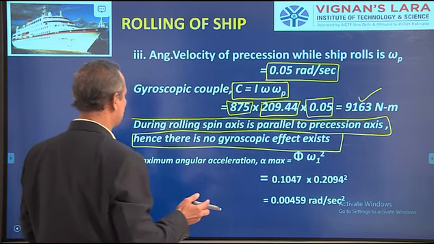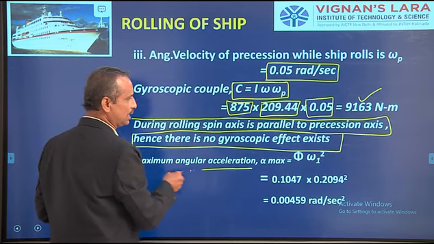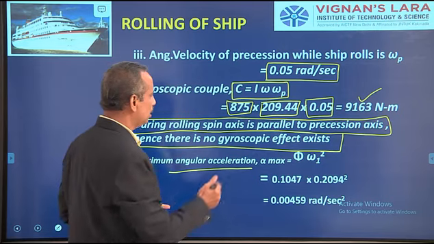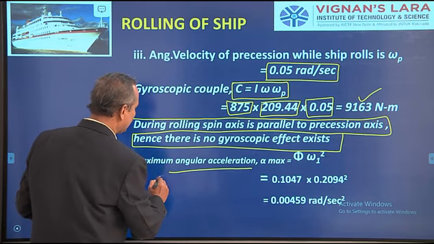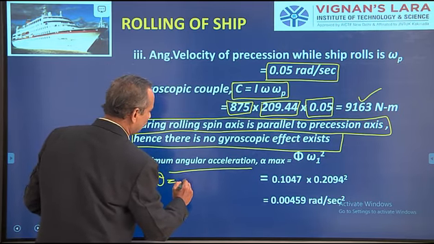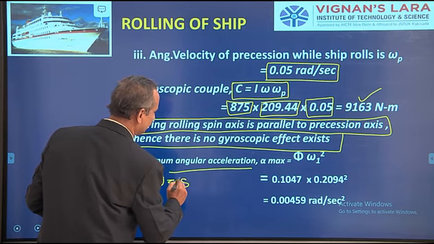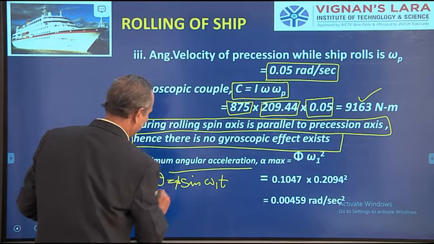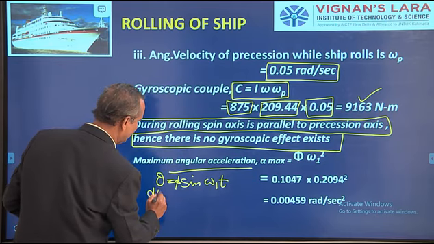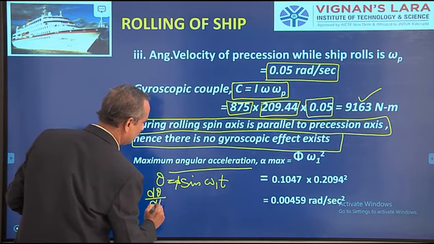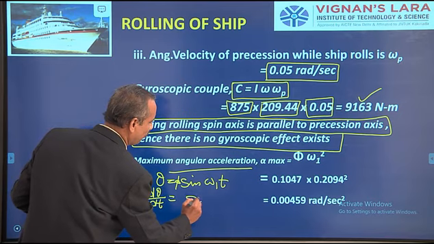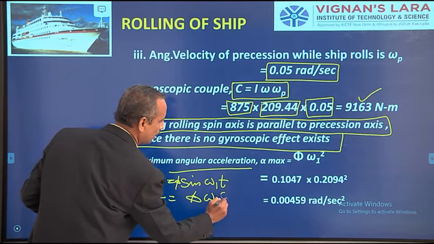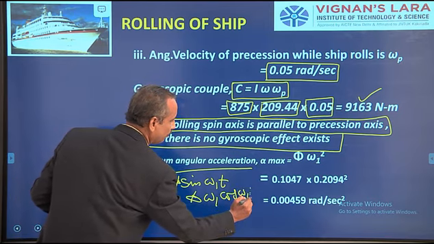Finally, what is asked? Maximum angular acceleration. Just now we have seen theta is equal to phi sine omega 1 t, then differentiating, d theta by dt is phi omega 1 cos omega 1 t.